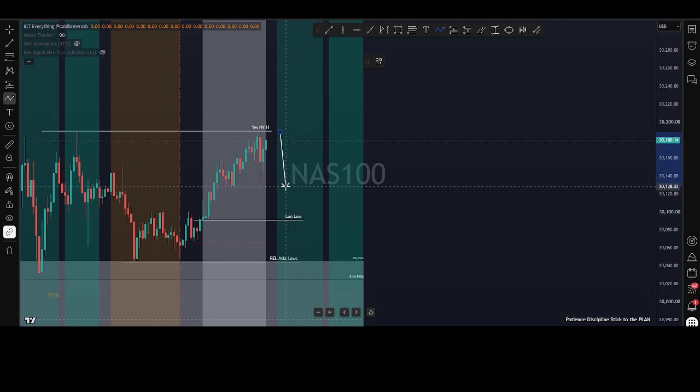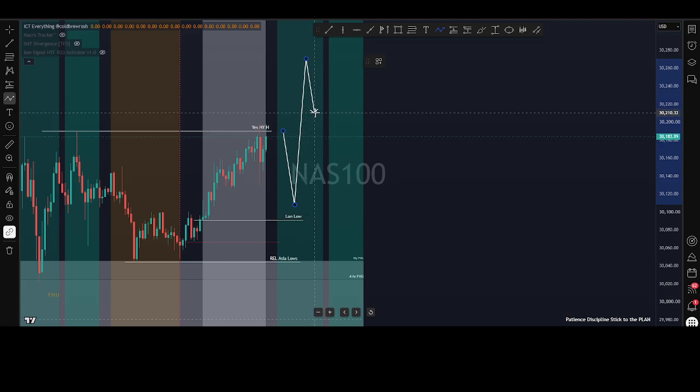So let's say we sweep these lows here, but we stop at that order block there. Well, actually, let me undo that because I messed it up. Too busy pointing. So down, sweep some lows, and then first presented fair value gap, back up.